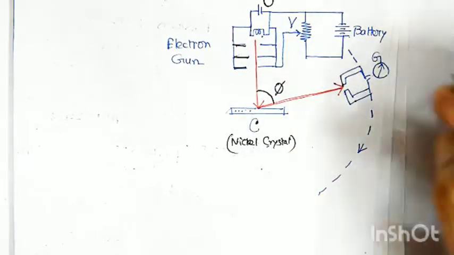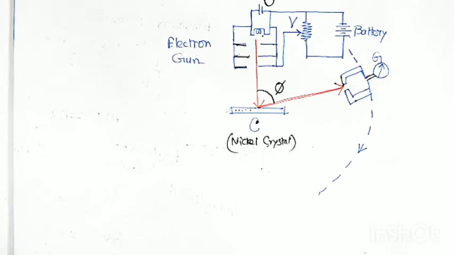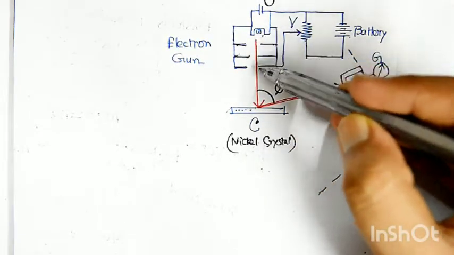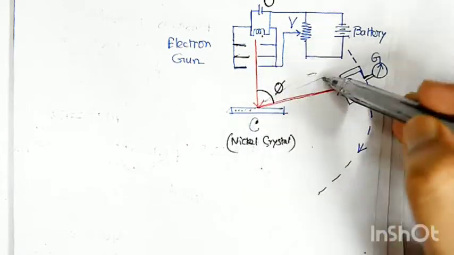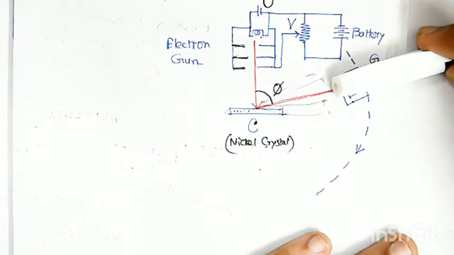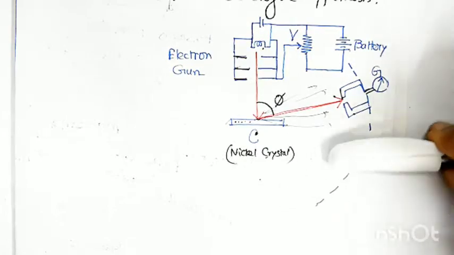This is actually a receiver which is connected to the galvanometer. The machine works like this: the electrons coming out of the filament hit here, and after that they spread in every direction, and this Faraday's collector can move in a circular path to find out at which angle the electrons are coming out.